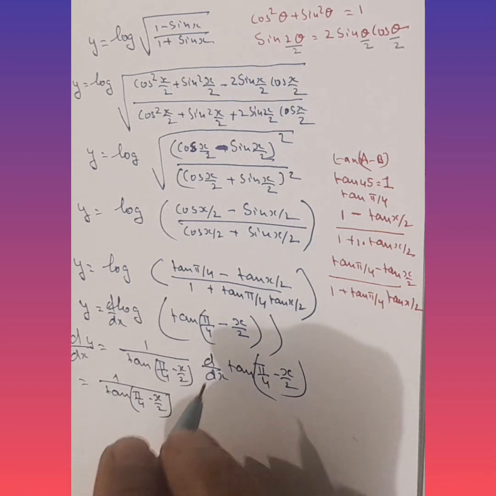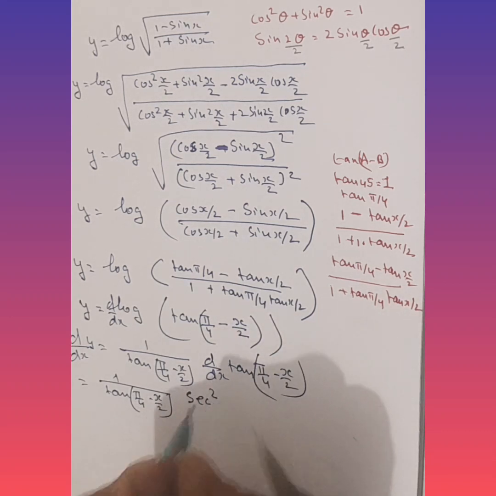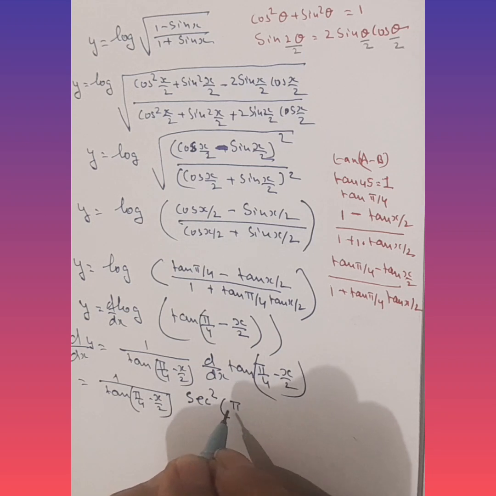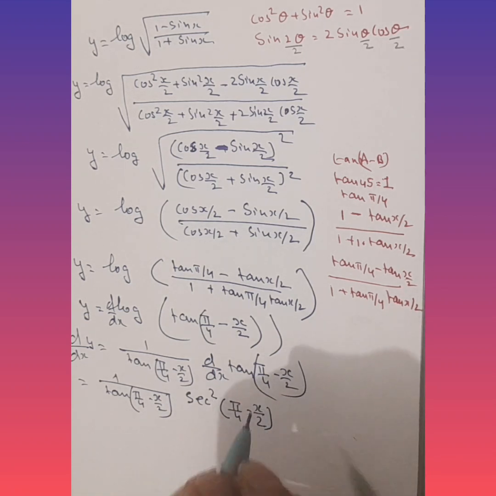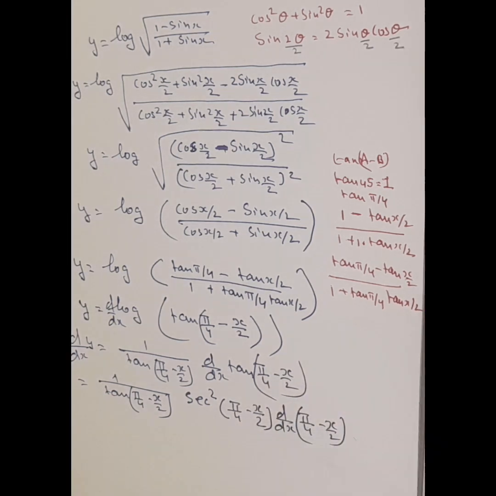And tan is sec square. Again further chain rule. Alright.